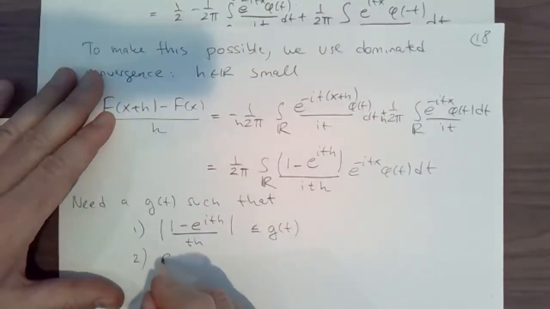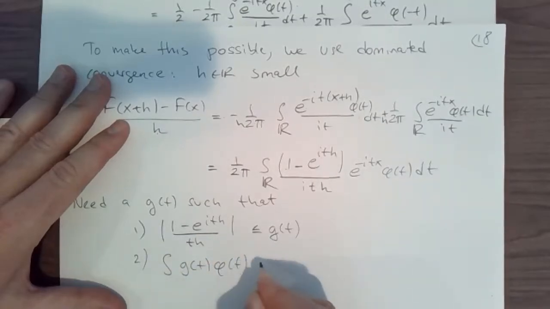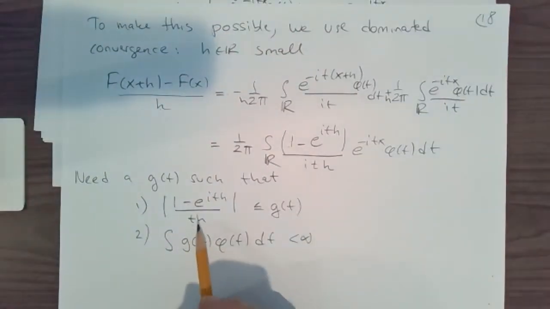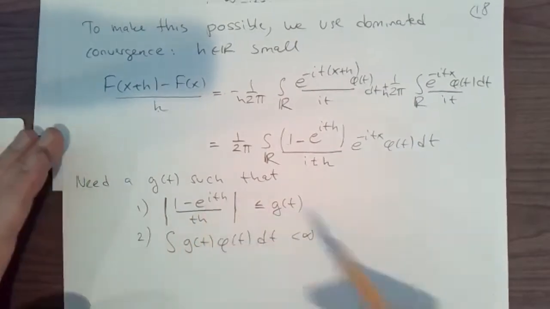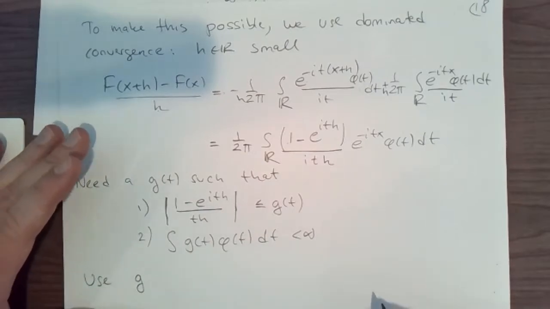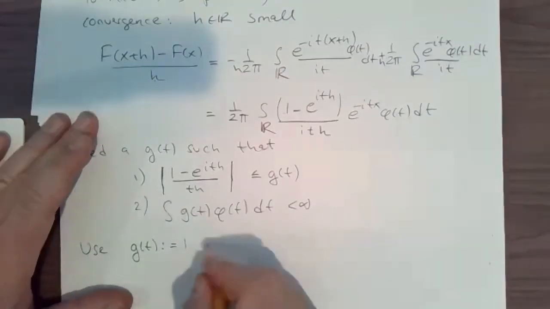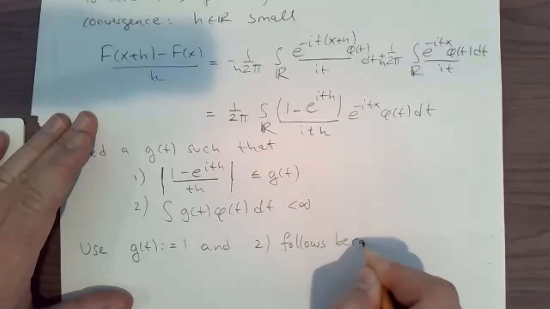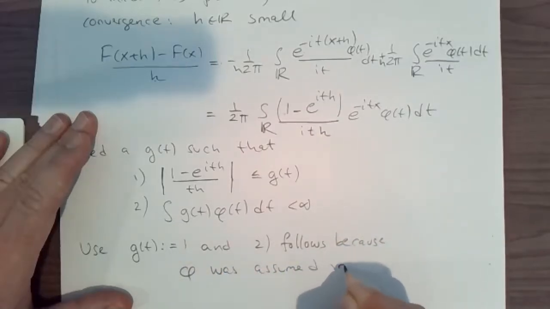The second property you need is that when I integrate g together with phi, I'm finite. So we need to know, how bad can this quantity here get? And it's very similar to what we had before. We can use g to be 1. And then 2 follows because phi was assumed integrable.